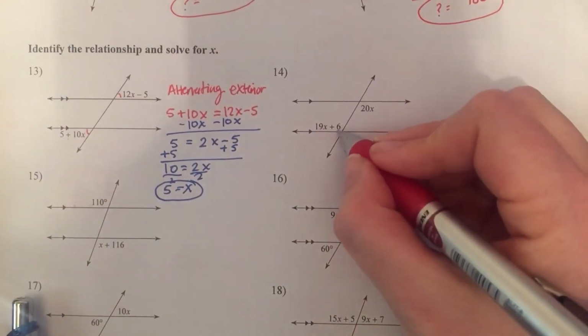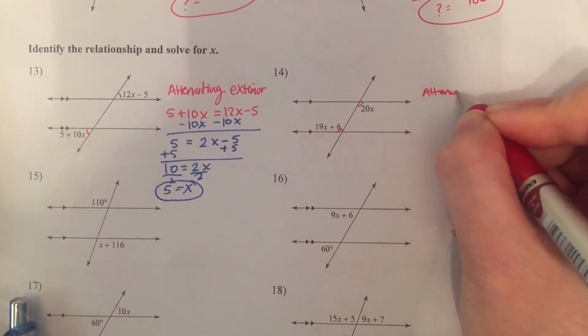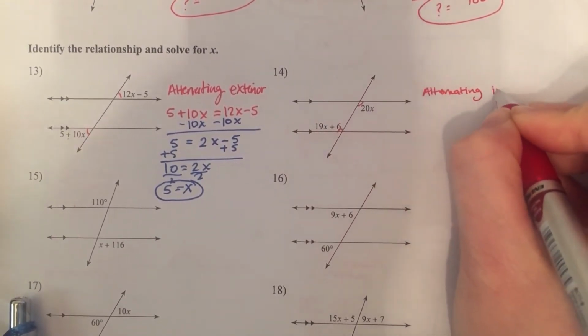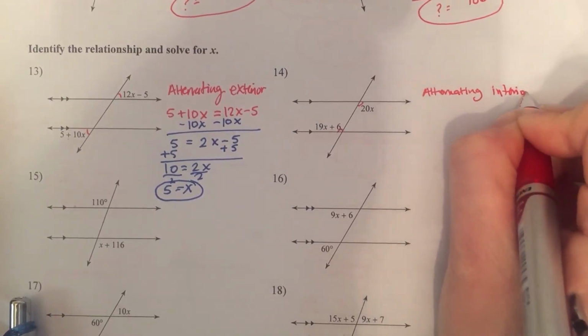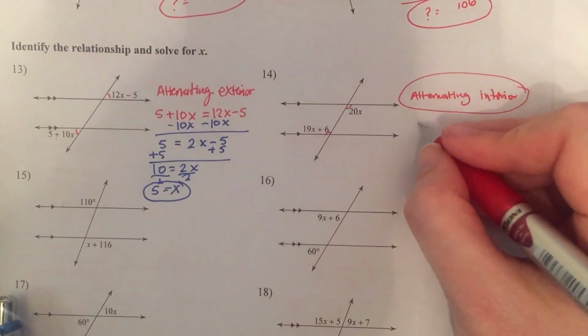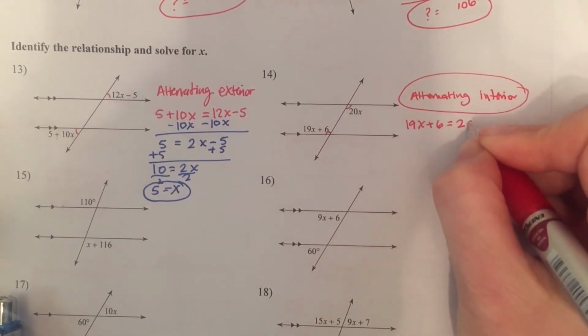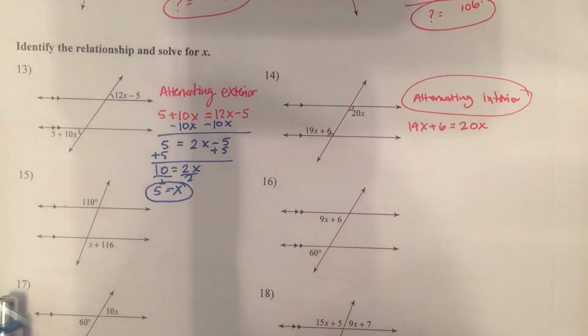14. Alternating interior. That means they're same size, so 19x plus 6 equals 20x.